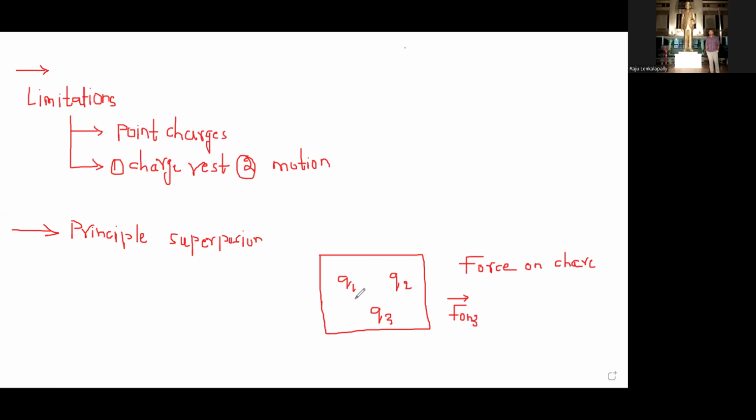Three charges will be positive charges. F on 3 is equal to, first, the repulsive force between Q1 and Q3, that is F31, plus one more: the second charge also has a repulsive force with Q3, that is F32. Adding all the forces except on this charge, it is equal to the net force.